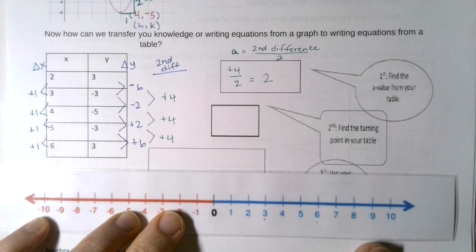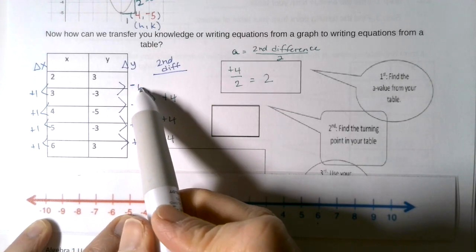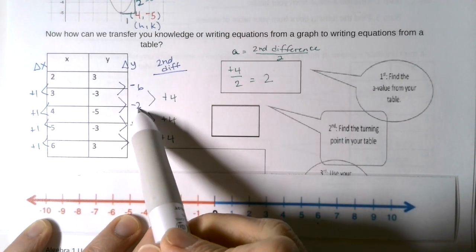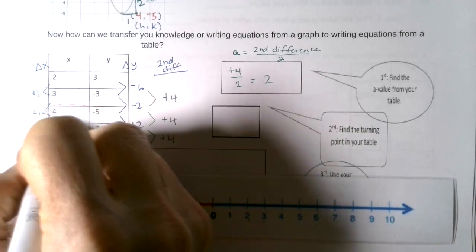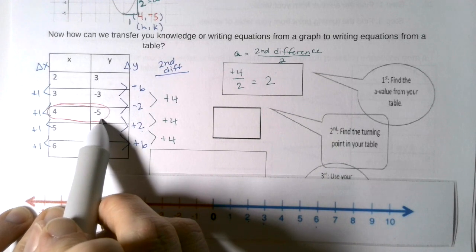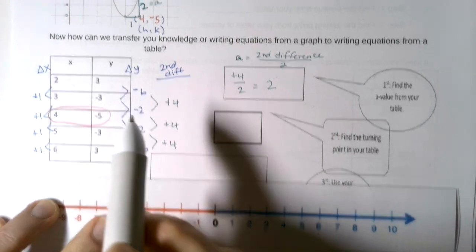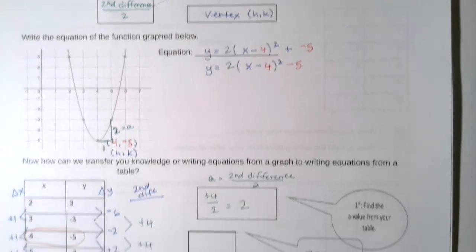Now let's take a look at where our turning point is. Our turning point in our table is the part where we went from decreasing to increasing. So the point at which we made change right here and that our graph started turning is 4, -5. Now in our particular case, we have the graph right up here and we can see the turning point. But if you have only the table, you don't have to graph it.